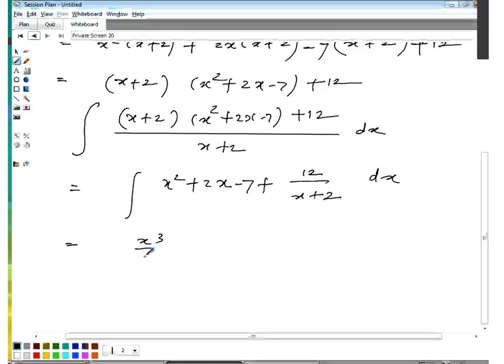So x cube by 3 minus 2x square by 2 minus 7x plus 12 is constant, dx by x plus 2. Any questions up to this point? Let me know.